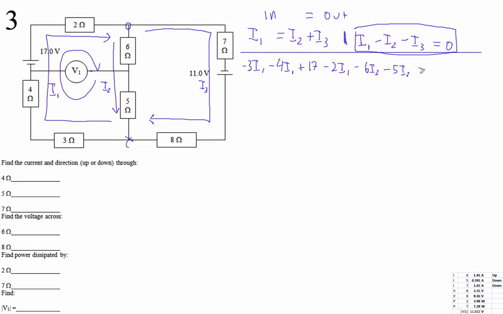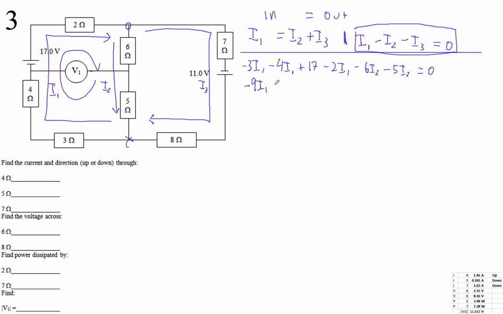So we're at 0. This has to be the same potential as this, right? Let's just double check. Down 3, down 4, up 17, down 2I1, then down 6I2, down 5I2. So 3, 4, and 2 is 9. Is that right? That is right. So minus 9I1. And then how many I2s?